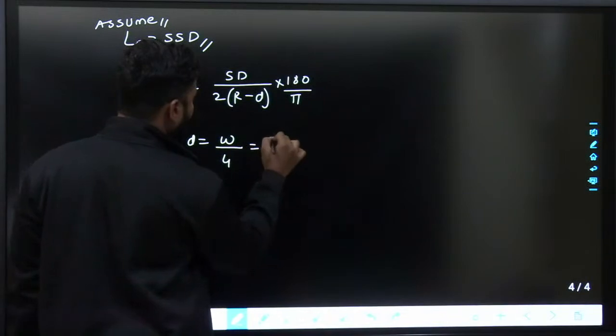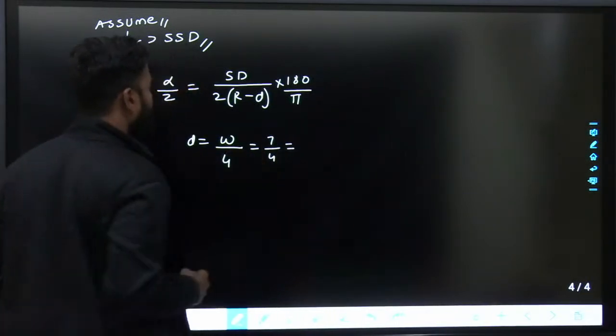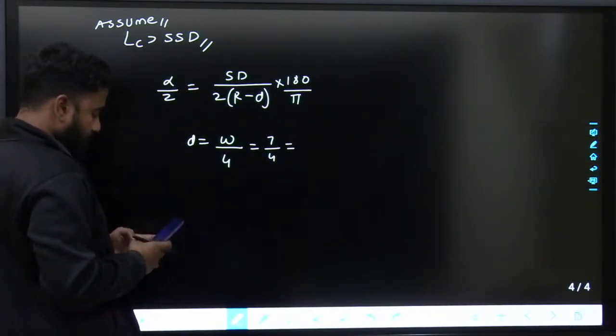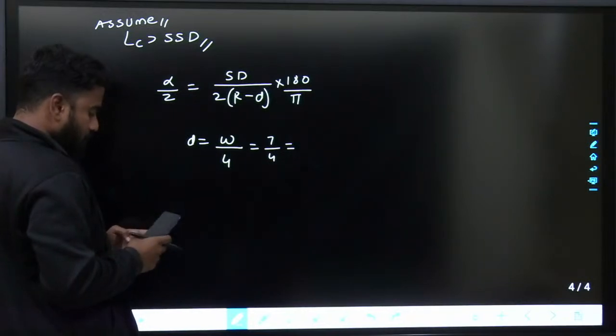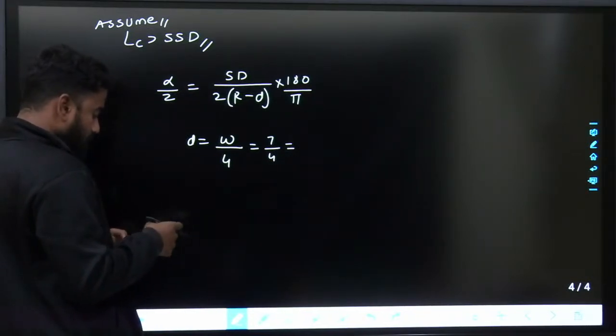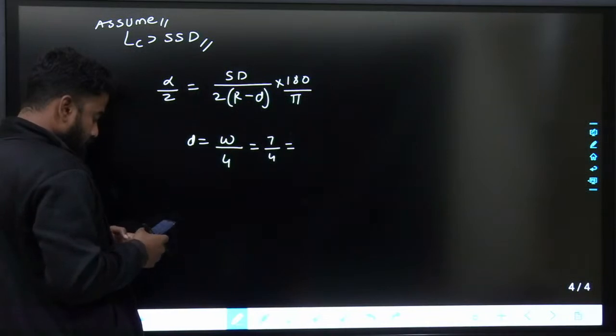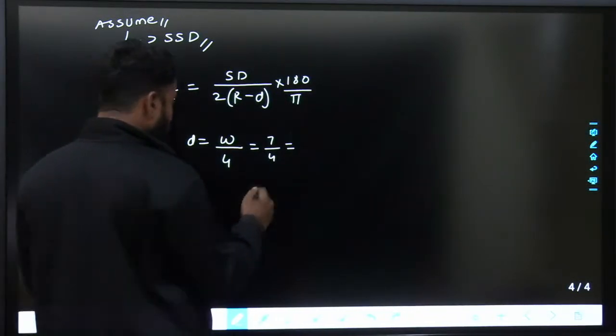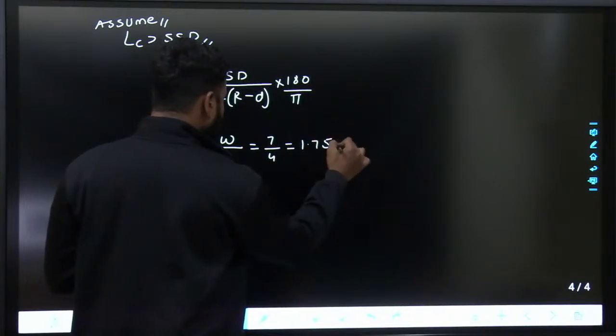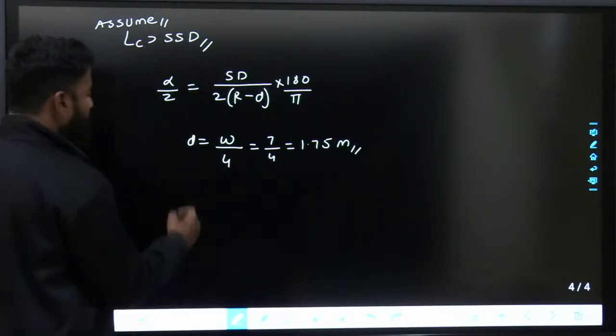So W by 4, that is 7 by 4, or (W plus We) by 4, right? That would be 7 divided by 4, 1.75 meters. This is the value of d.